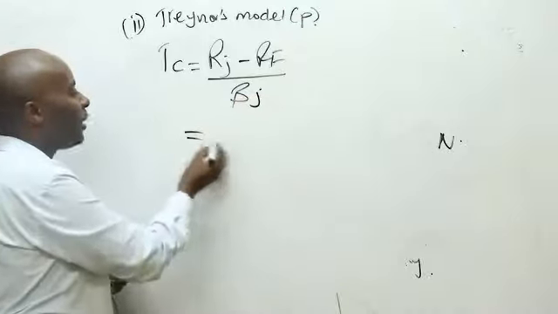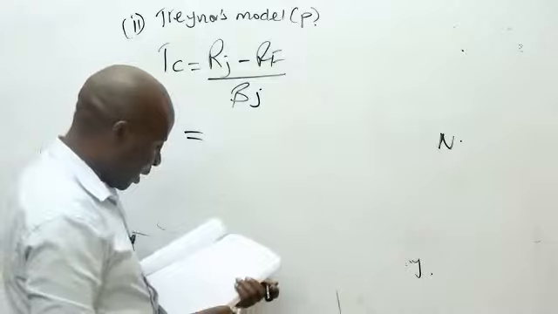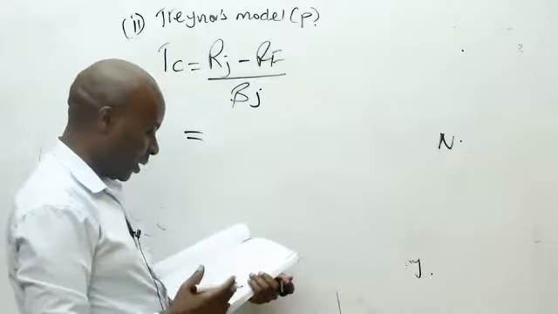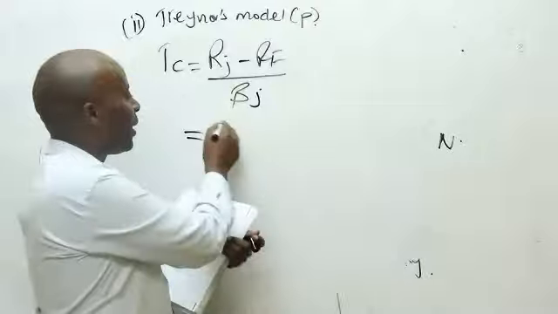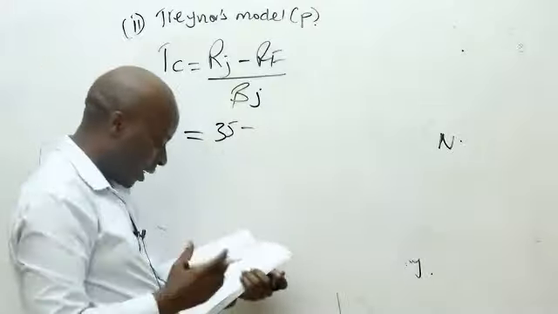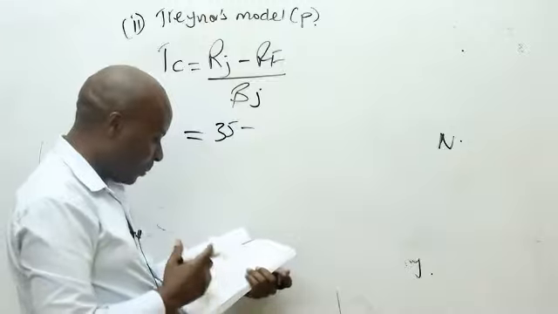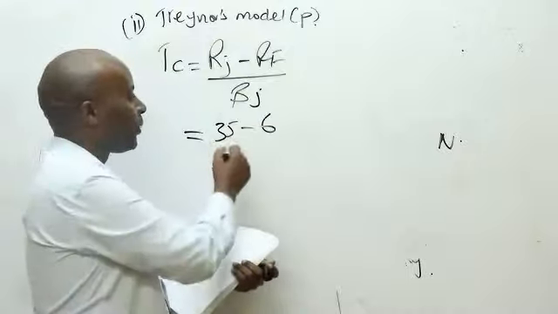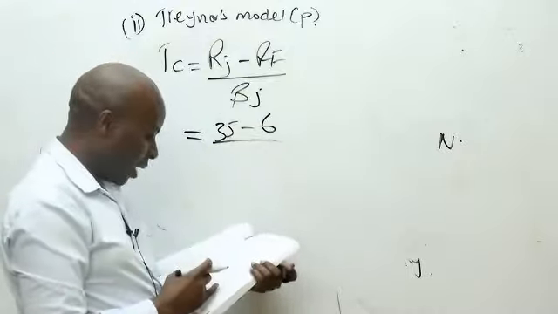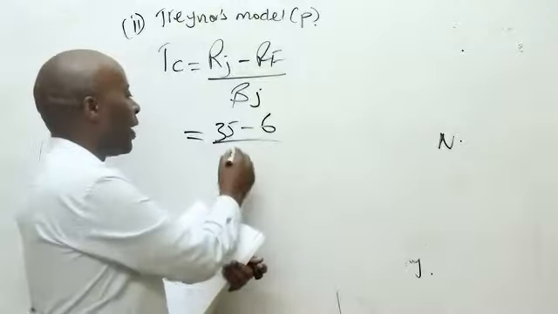Now, ladies and gentlemen, very fast, I need to look for P. I can see the return of P is 35 minus the risk-free. The risk-free has been given down there as 6, all over beta of J, which is 1.25.